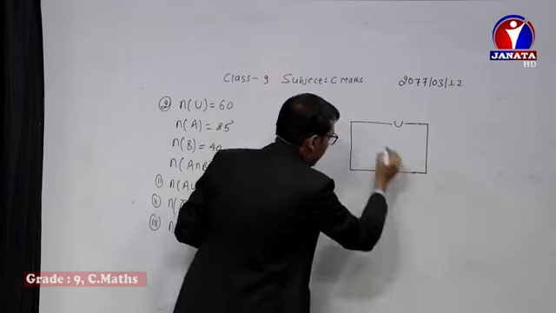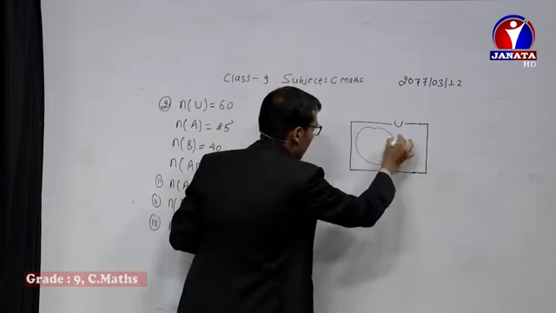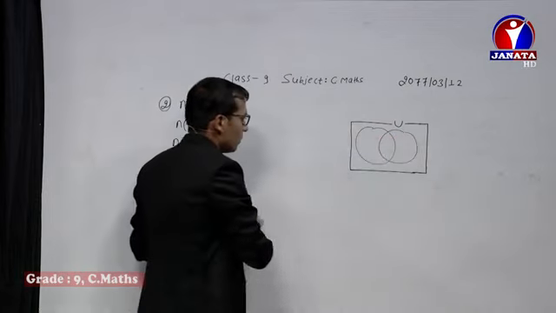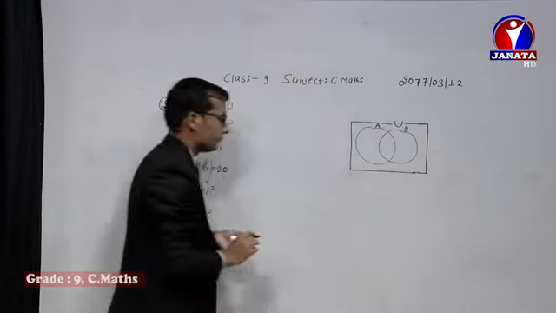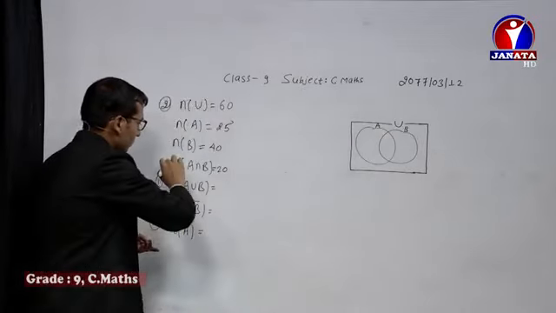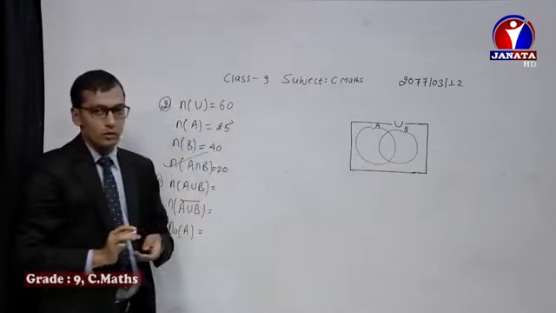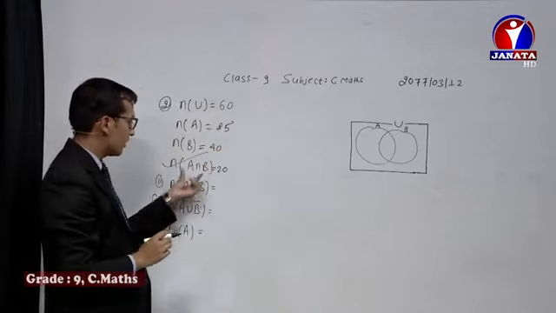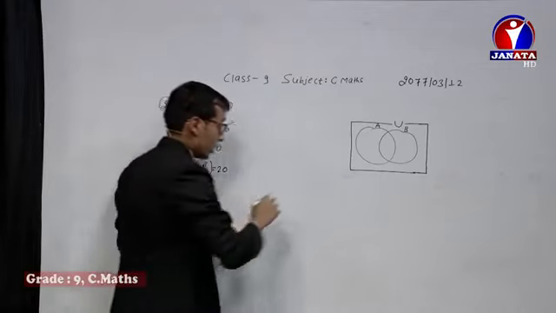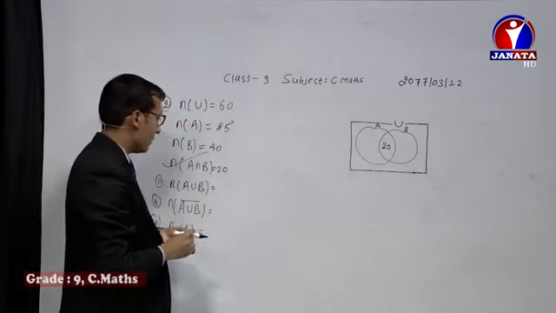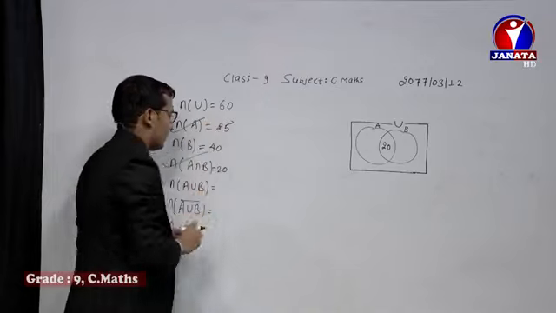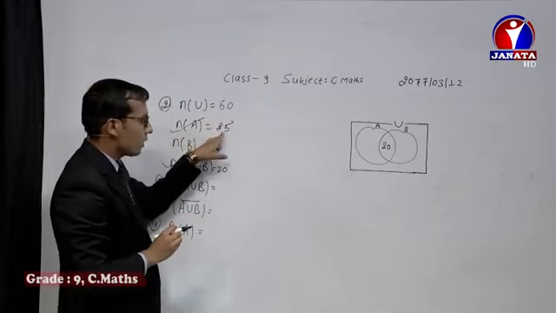Let's draw a diagram, and here are two different subsets A and B. So what is the intersection of two subsets? It's 20. Let's insert this number in the intersecting region. What is n of A? So total n of A is 25.